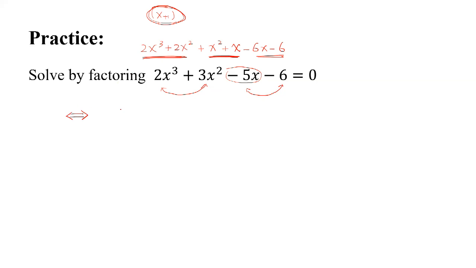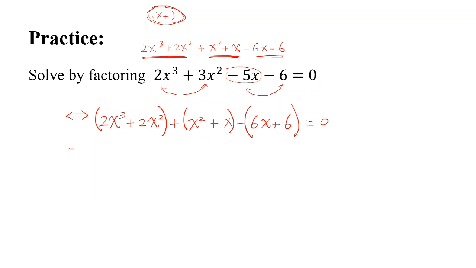The original equation is equivalent to 2x cubed plus 2x squared plus x squared plus x minus 6x minus 6, right? And then we group the terms like this. And this is equivalent to first two terms, common factor is x squared, and what's left there is 2x squared, x plus 1, right?